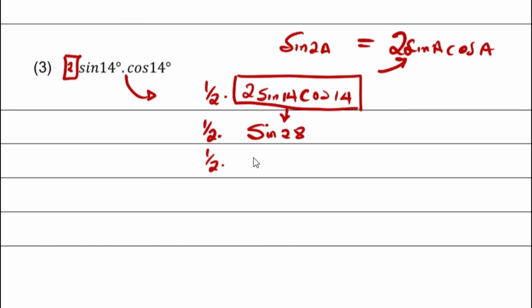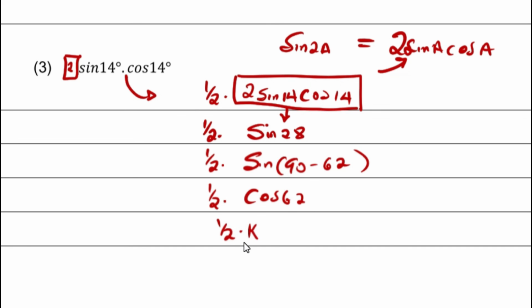So this here can be written as sine of 90 minus 62, because 90 minus 62 is 28. And sine of 90 minus 62, due to co-ratios, is cos 62. And cos 62 we got in the previous question to be equal to k. So your answer is just half k. And that's it.